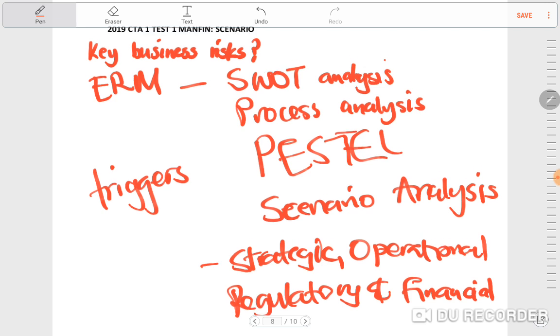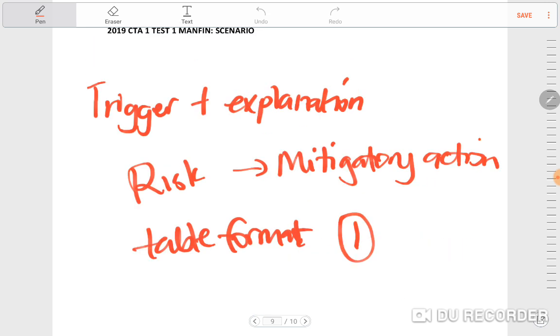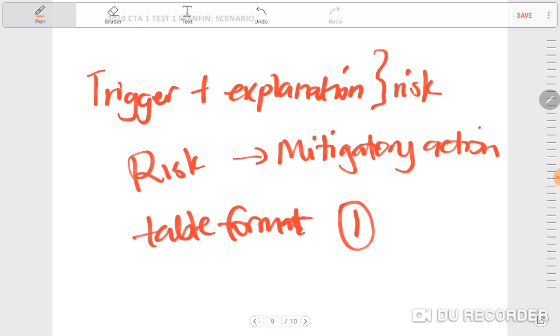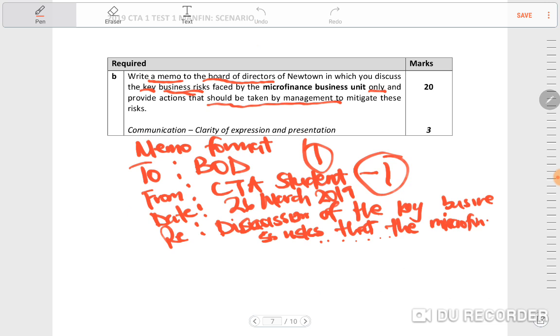After you've identified your triggers, you now match your trigger and your explanation to come up with your what? With your risk. And for every risk, there should be a mitigatory action which was supposed to make you earn the clarity of expression mark. So that was all you were required to do under this specific required.